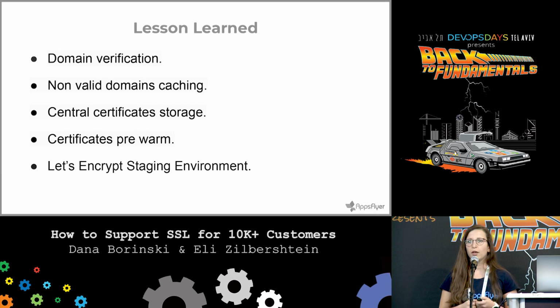We want to reach Redis only when we need to issue a new certificate or renew an existing one. So for a normal flow of an existing certificate, we do pre-warming, so every node has all the certificates inside its memory and doesn't need to go to Redis for each request.